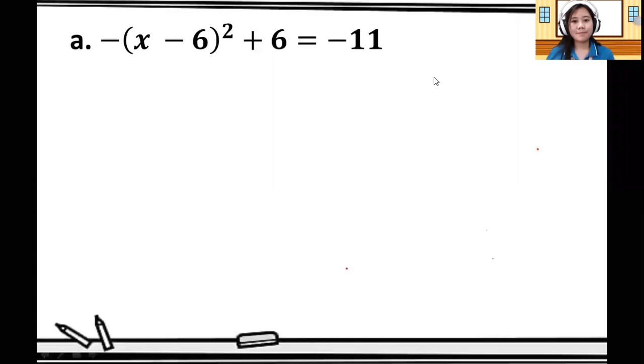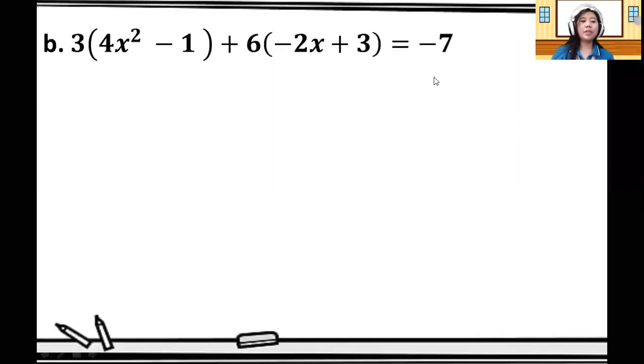Okay, so letter B, we have 3 times the quantity of 4x squared minus 1 plus 6 times the quantity of negative 2x plus 3 is equal to negative 7. Okay, so now let's simplify this equation into a quadratic equation. Okay, so we use distributive property to simplify 3 times the quantity of 4x squared minus 1.